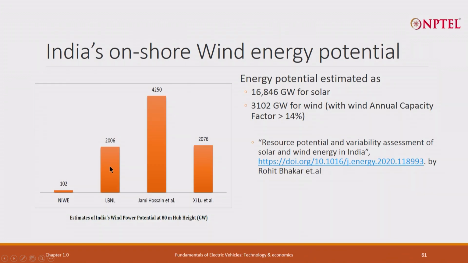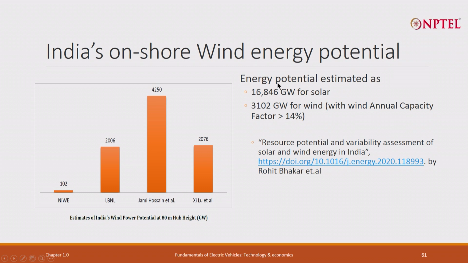But there are other estimates which go up to 16,000 gigawatt for solar and 3,102 for wind. This is only on land area, not taking the ocean into account.